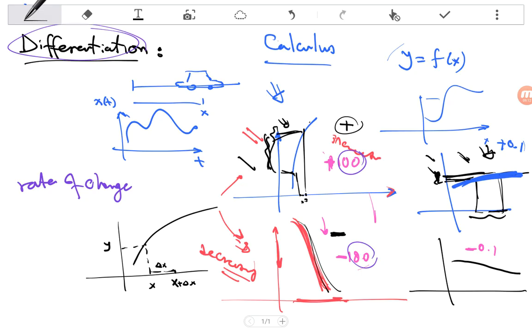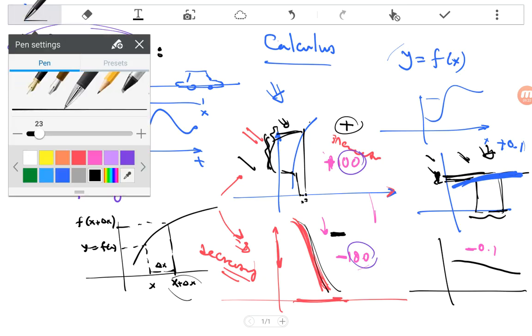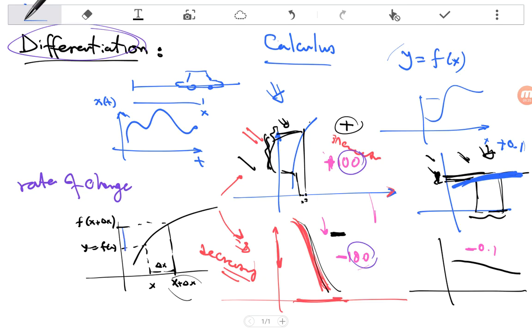Now this is called y, or I may say y is equal to f of x. Now what is the image of this number? If I give that as the input to the function, what would be the output? It would be f of x plus delta x.